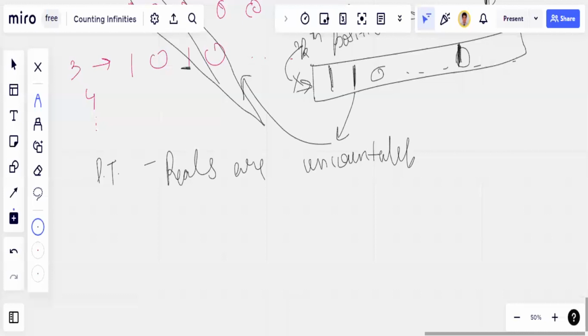Yeah, I got that. But how does that prove that reals are uncountable? Whatever idea you think of, try to think if this works in rationals as well.